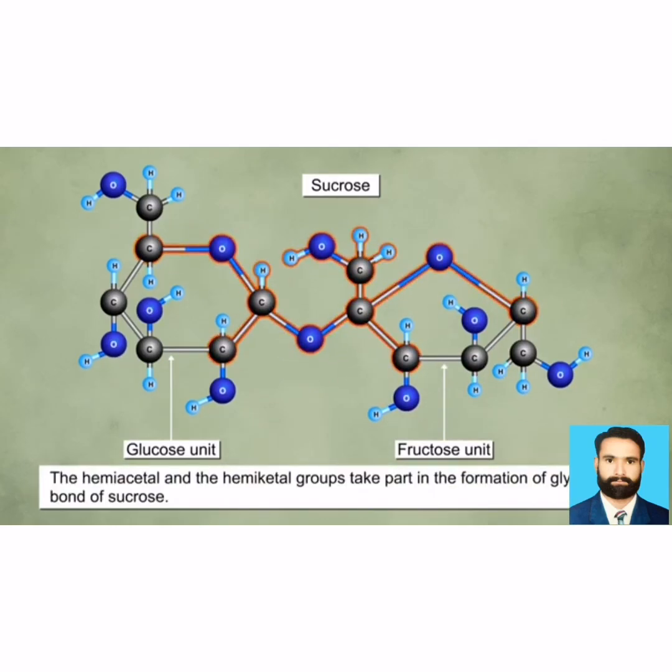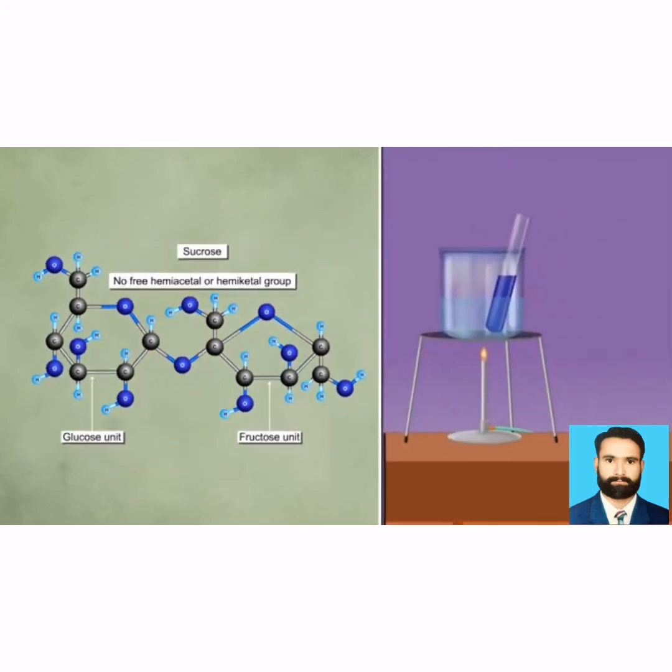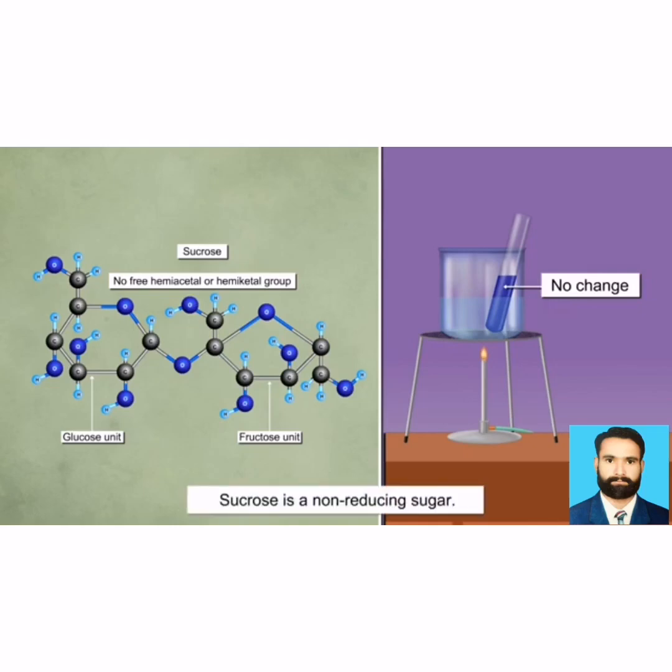Both the hemiacetyl and the hemiketyl groups take part in the formation of the glycosidic bond of sucrose. This way, there is no free hemiacetyl or hemiketyl group in the cyclic structure of sucrose. Thus, in the solution phase, the cyclic structure of glucose does not open and there is no free aldehyde group. And that is why sucrose is a non-reducing sugar.